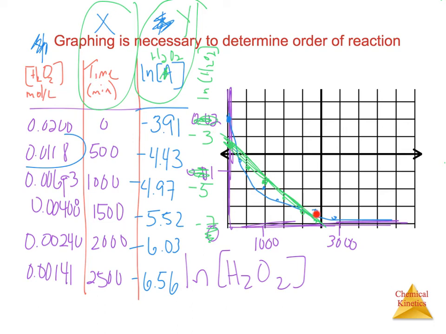And when we graphed that, we got a straight line. We did not get a straight line when we graphed the concentration versus time. That was on the previous slide. But when we graphed the natural log of H2O2 versus time, we got a straight line. That tells us that this is a first-order reaction.